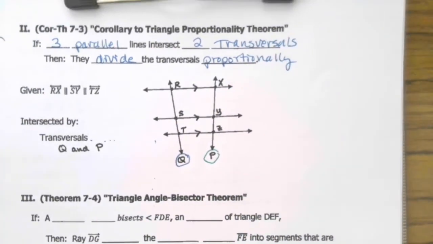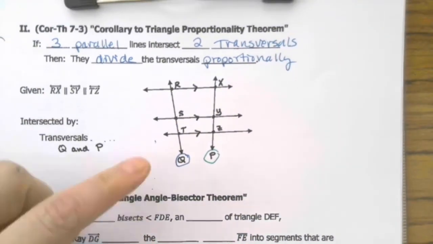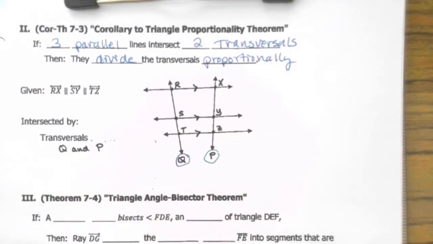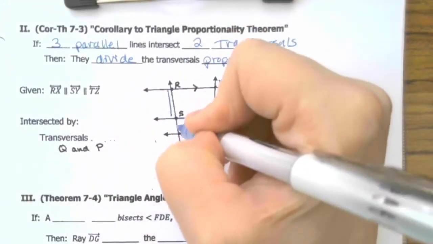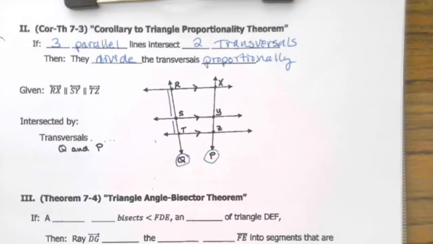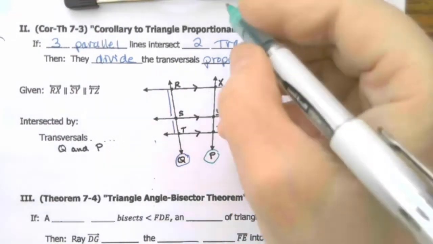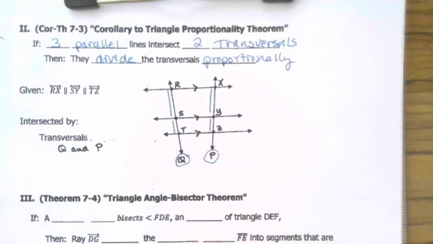So how does this work? Well, Q is the transversal. It means that the ratio between RS and ST is going to be the same as the pieces created by the other transversal, which is XY and YZ.